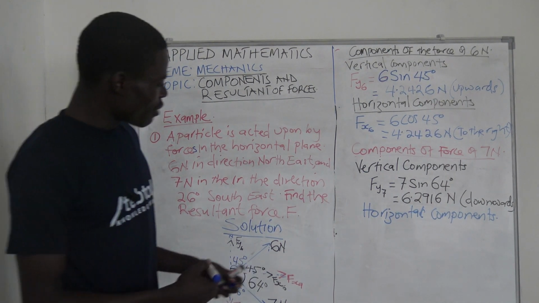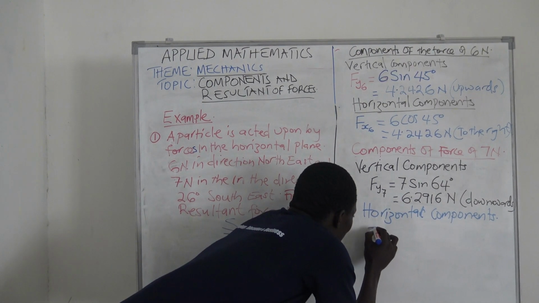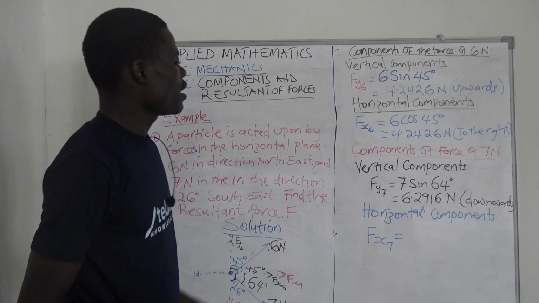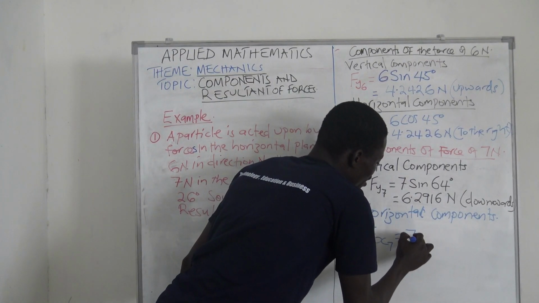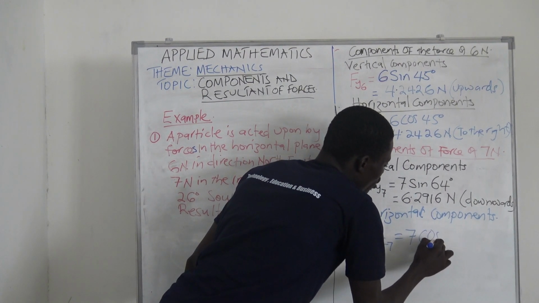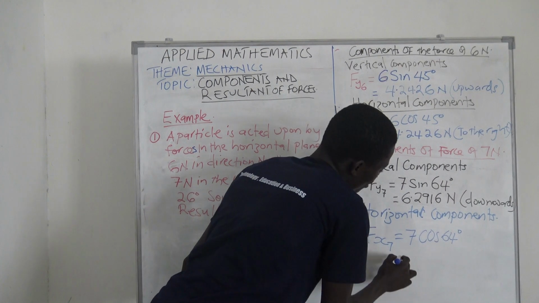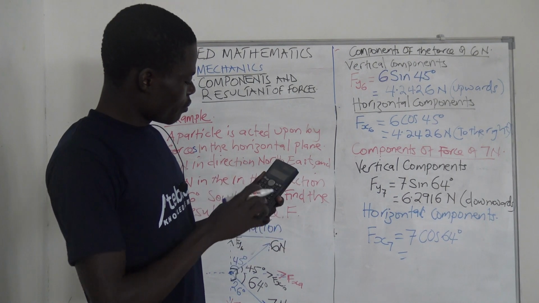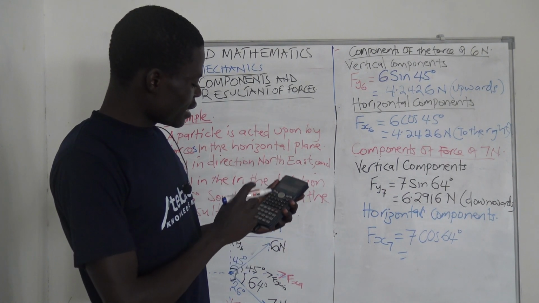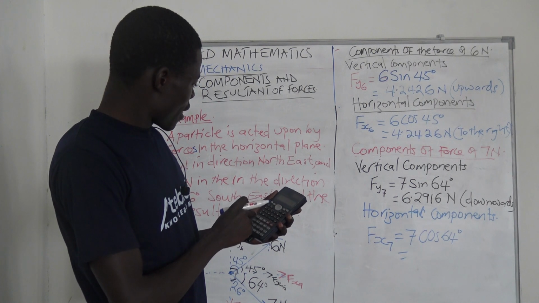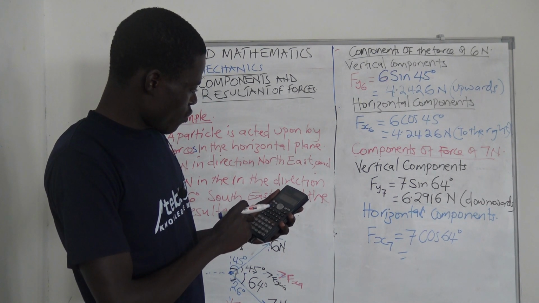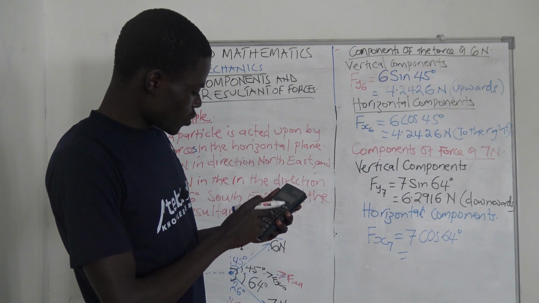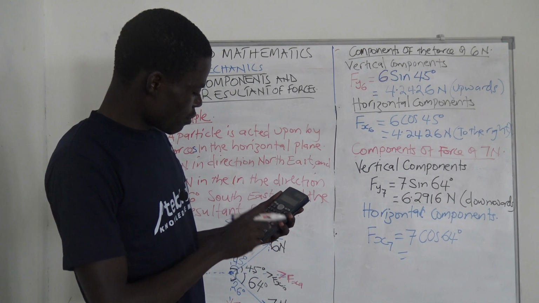Now the horizontal component, we have named it as F of x due to 7, which is given by the magnitude, which is 7 times the cos of 64 degrees. So the answer you get is 7 times cos of 64.